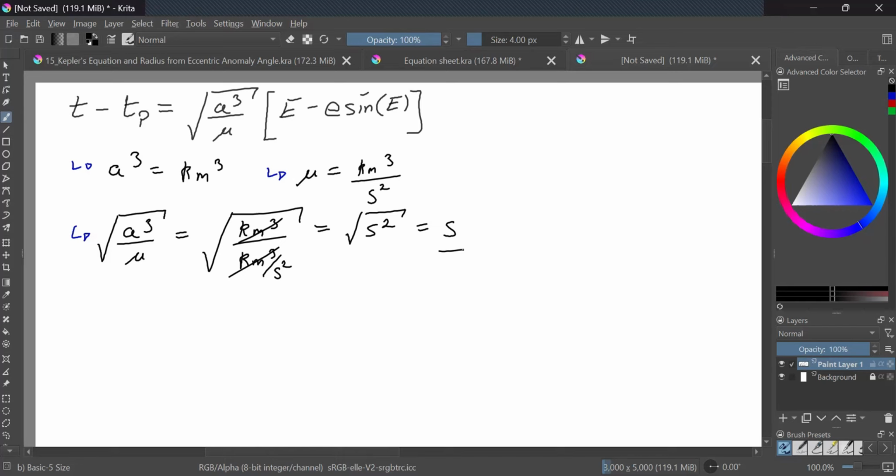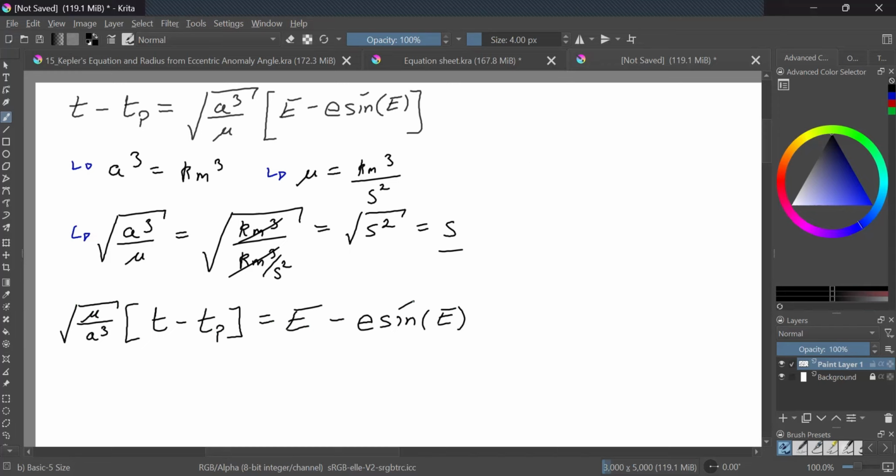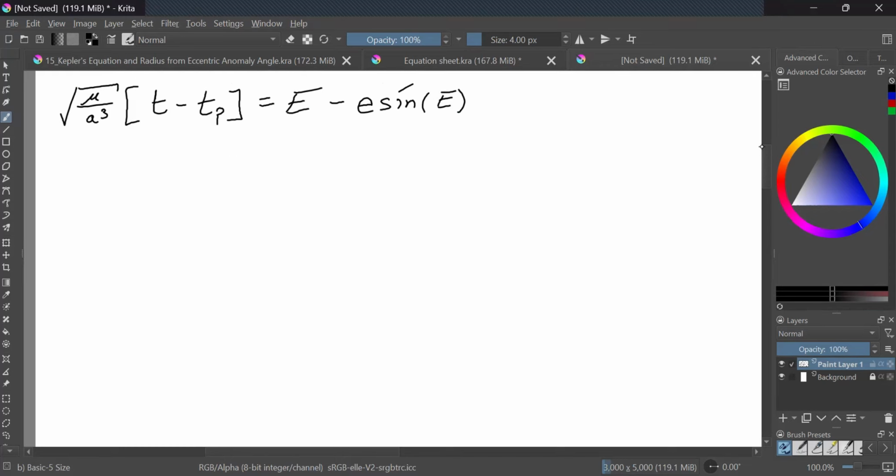So let's rewrite this equation, but with all the time elements on one side. So let's do this, mu over a cubed square rooted times t minus tp equals E minus e times the sine of E. All right.